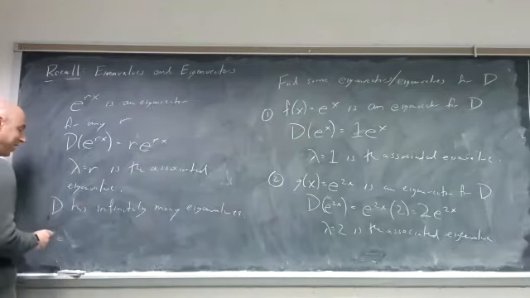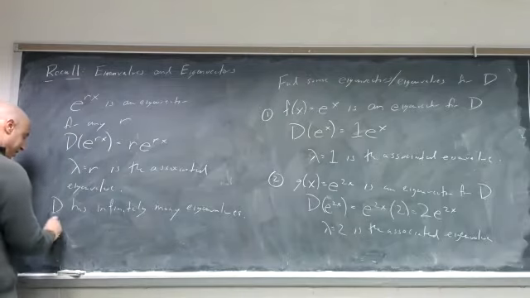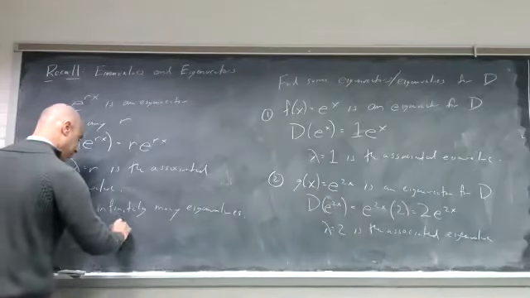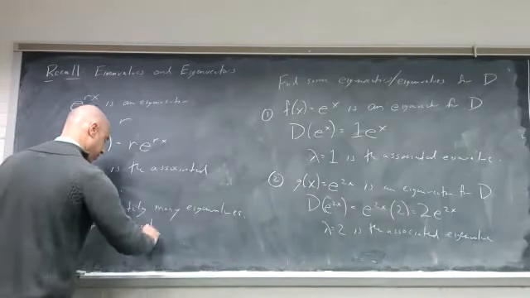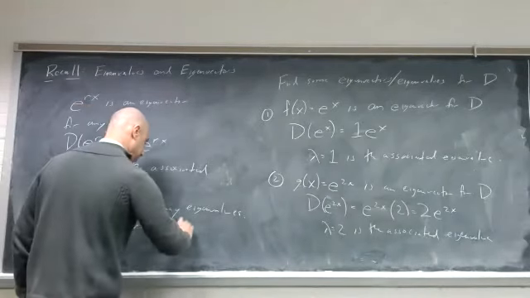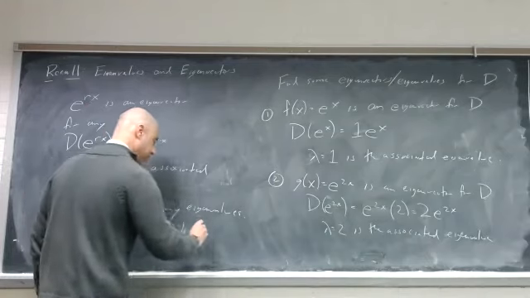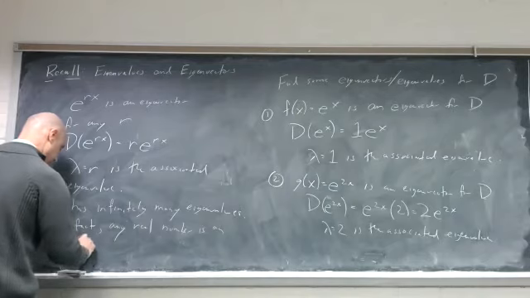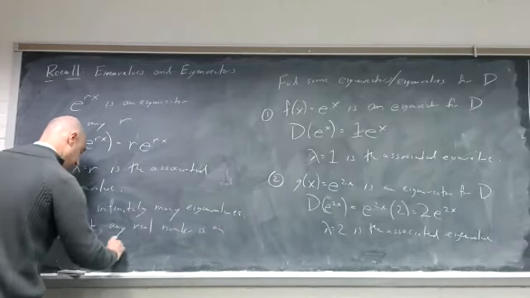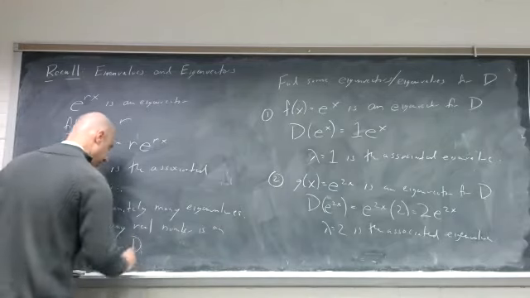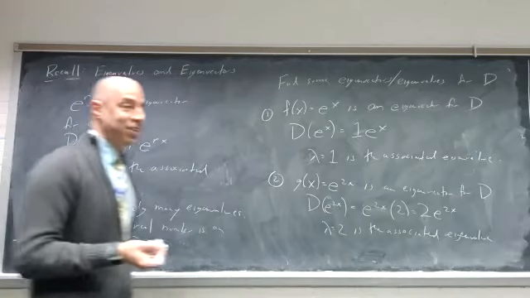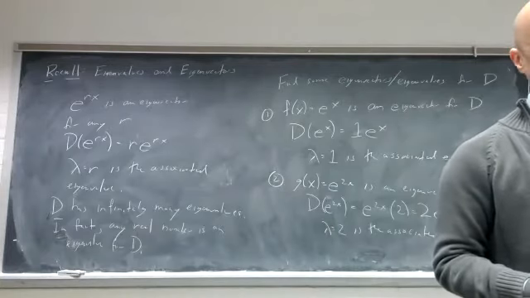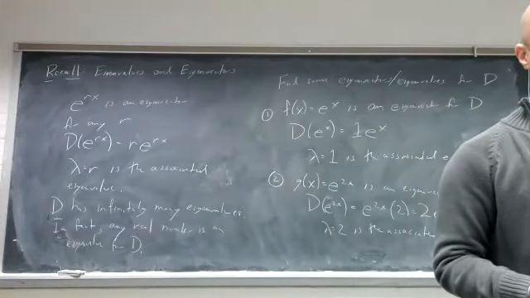Any real number is an eigenvalue for D. If I want to show that 5 is an eigenvalue, I'll use e to the 5x. If I want to show that negative 30 is an eigenvalue, I'll use e to the minus 30x.